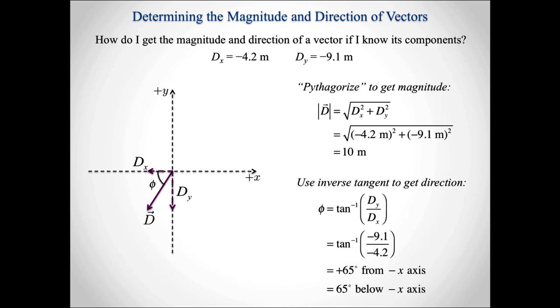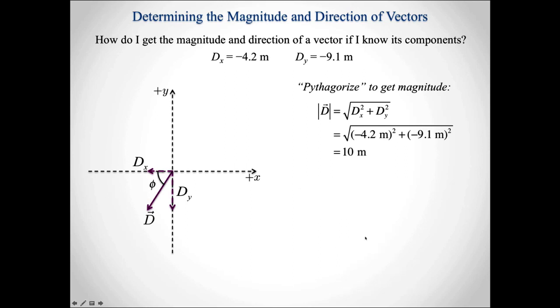I know, because I put the x component in the bottom of my ratio inside the inverse tangent, that I'm defining my angle from the x-axis, somewhere along the x-axis. And because my x component is negative, that tells me that the angle my calculator is giving me is actually defined from the negative x-axis. So I care about two things here.